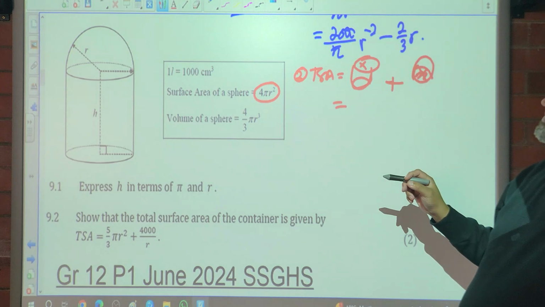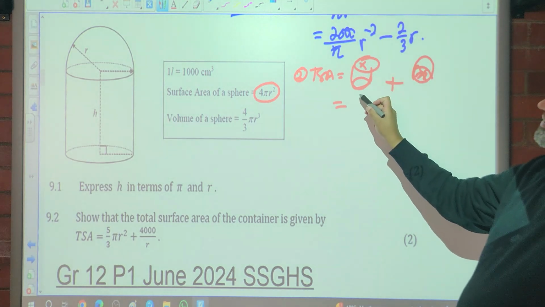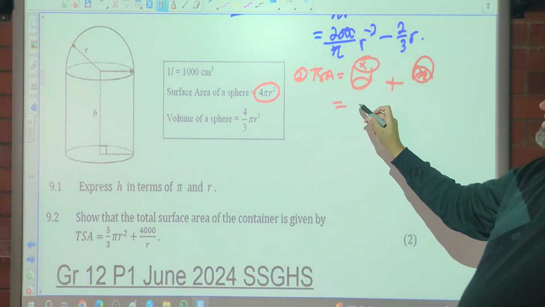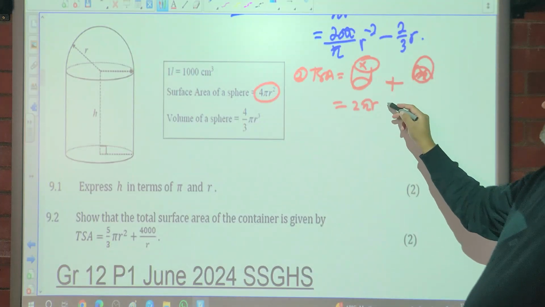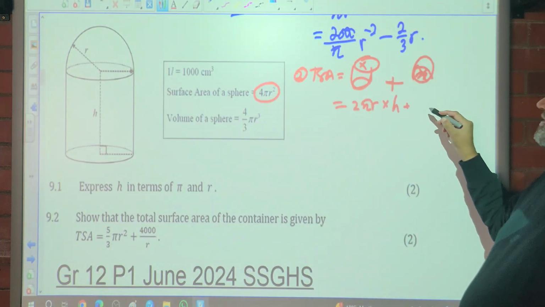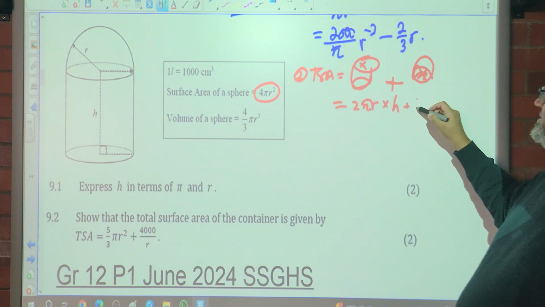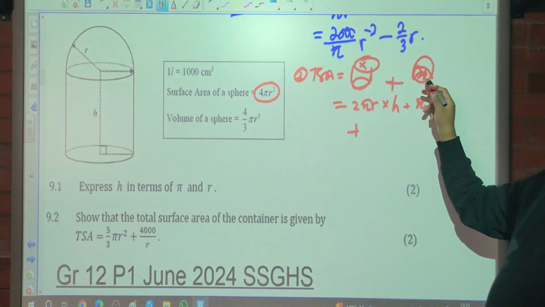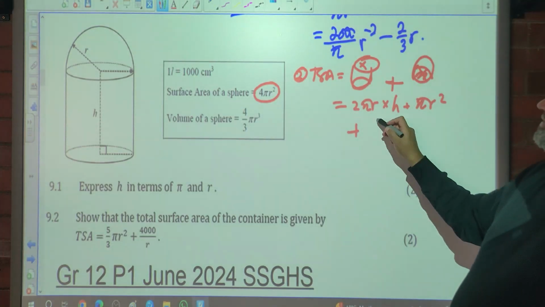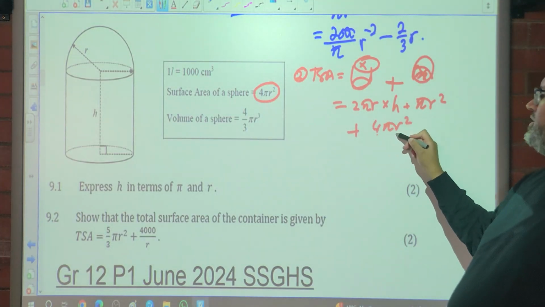So what you have is the total surface area of a cylinder, which is perimeter of base, so 2 pi r, as the base is a circle, times height, plus the area of the base, in this case once, pi r squared, the bottom circle, plus the hemisphere, which is 4 pi r squared divided by 2.